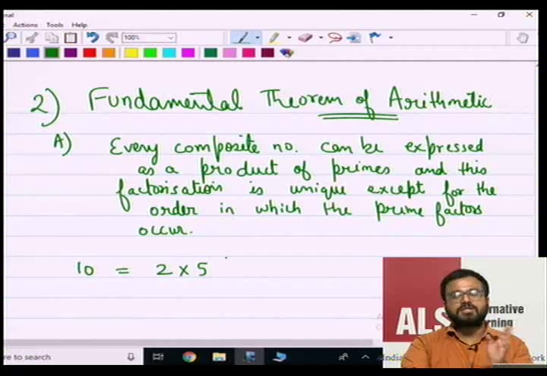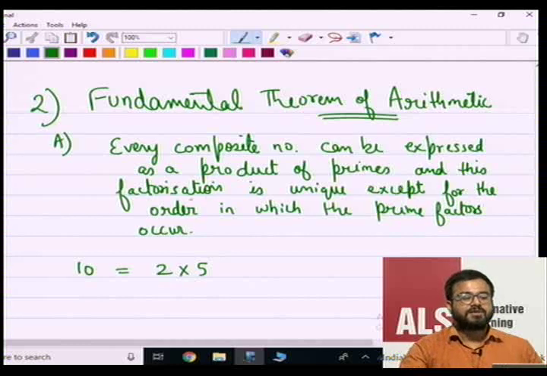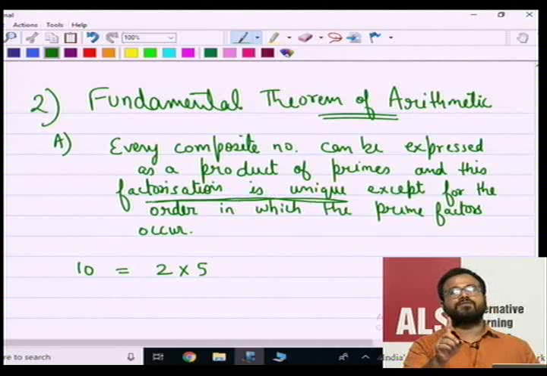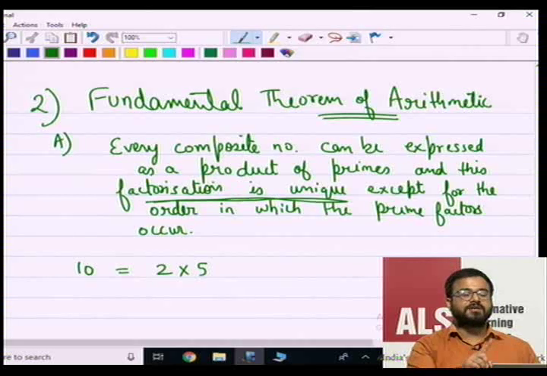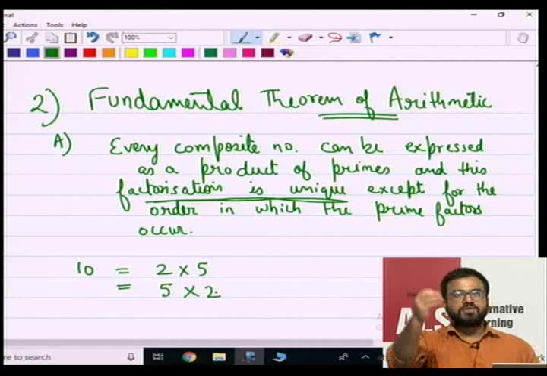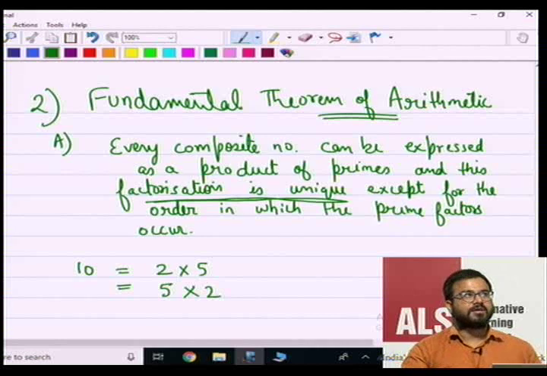There is no other number which will be represented by 2 into 5. That is known as factorization being unique. Factorization is unique means there will be only one way of representing any composite number as a product of primes. And except for the order in which the prime factors occur, it means either you can write 2 into 5 or you can write 5 into 2. Both are the same thing.